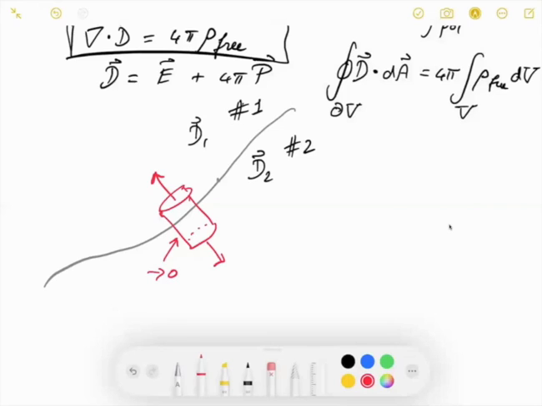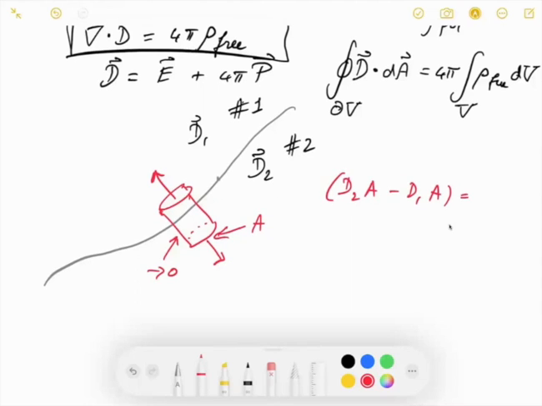And then if we take the limit that the surface area is small enough such that we can assume it is uniform, usually what you will get is just D times A. Let's call this thing A. All right, so we get D2 times A minus D1 times A is the charge.